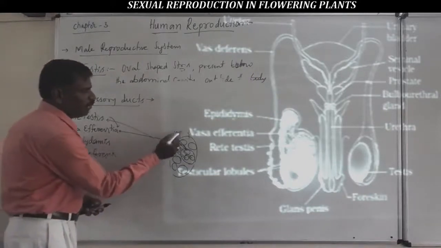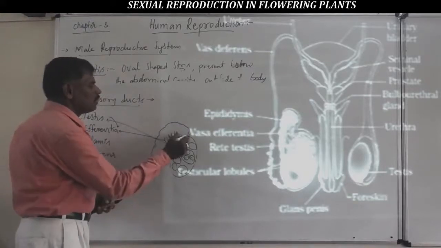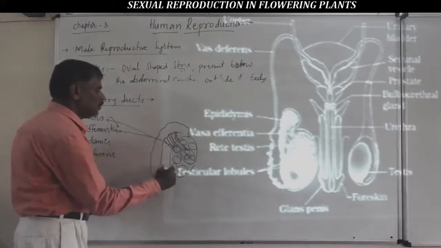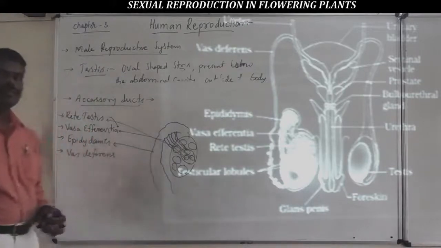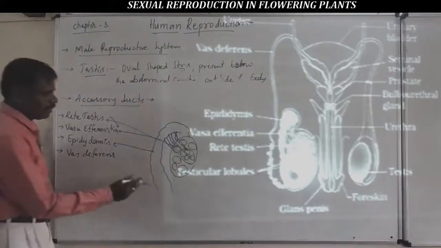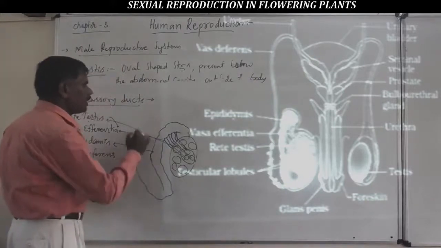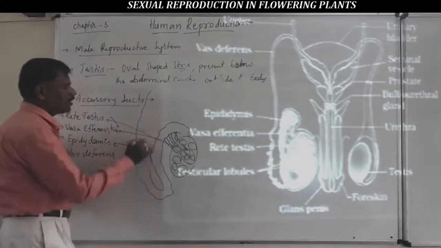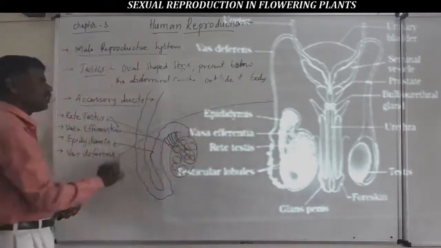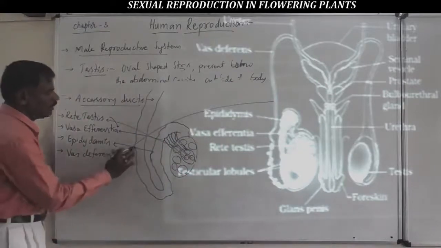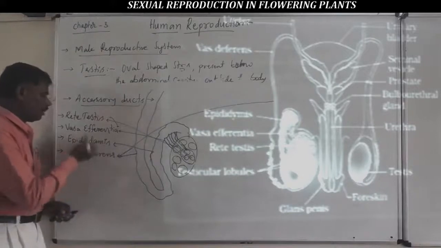The vasa efferentia link with the epididymis. The epididymis is connected with an ascending tube, the vas deferens. The tube going upward here is the vas deferens.